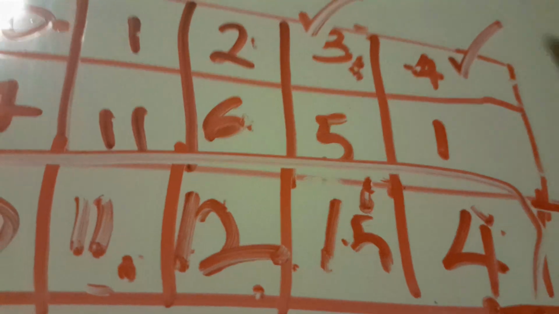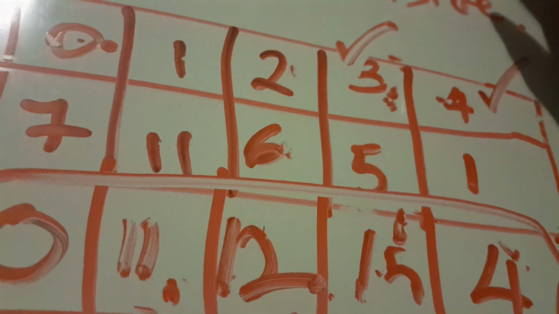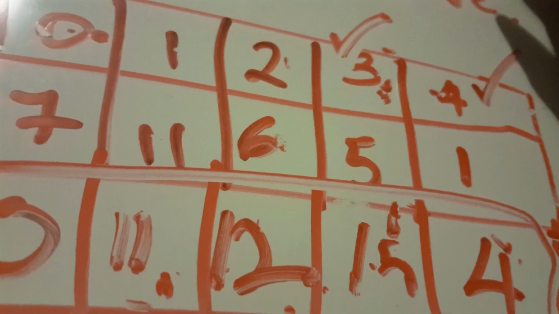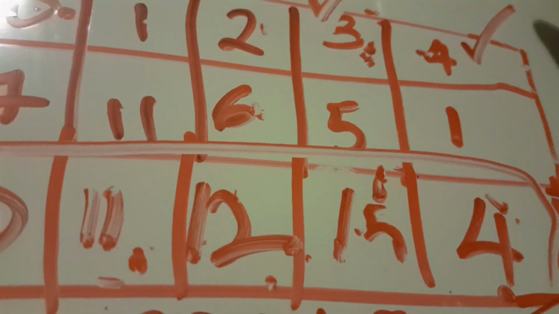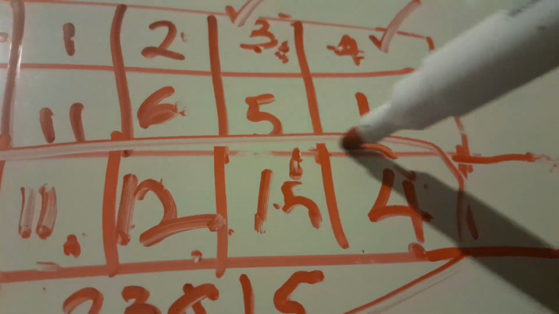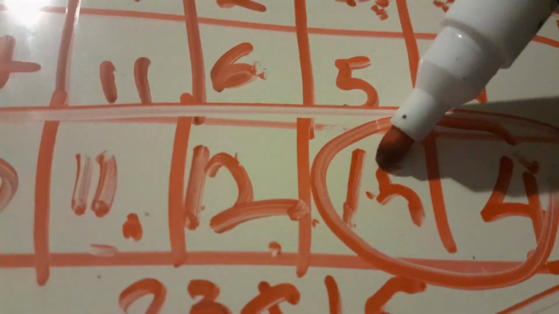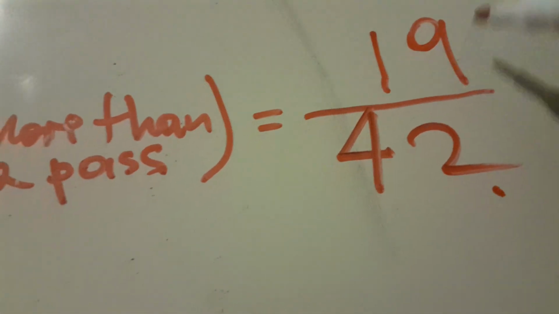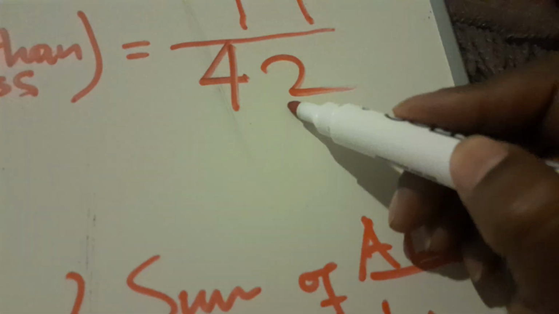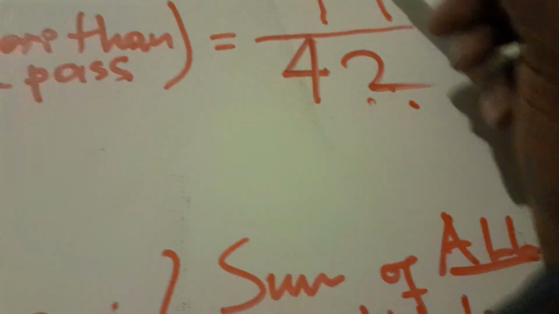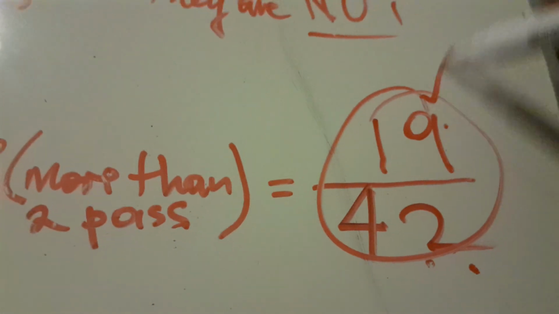The event is that there must be cars with more than 2 passengers, 3 or 4 passengers. So the total for that is 15 plus 4. So I have the probability being 19 out of a total sample space of 42. 19 out of 42. That's your answer.